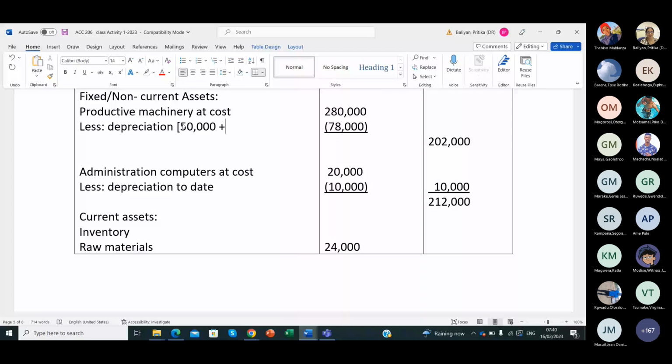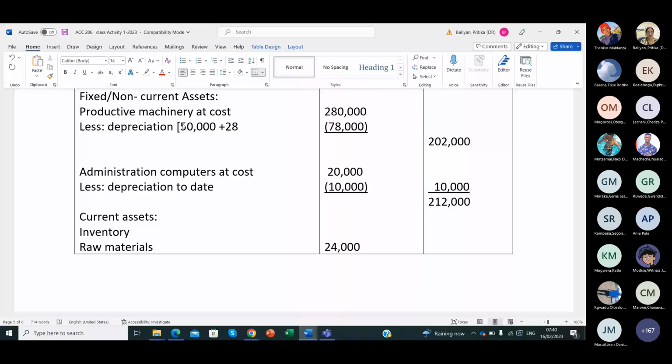Then in the same line under debit is written 230,000. Have you noticed that?